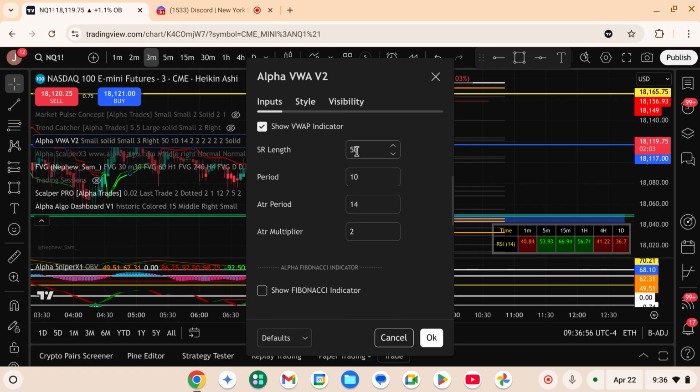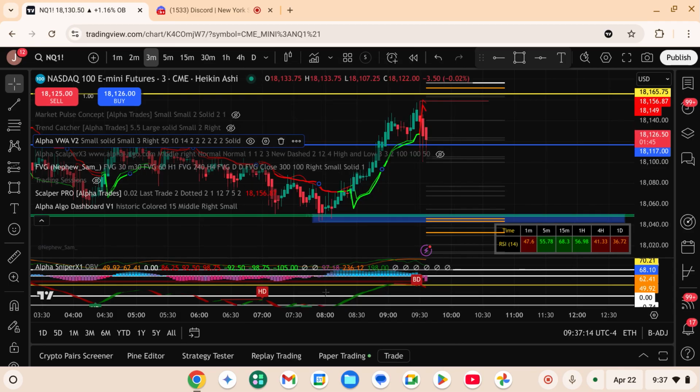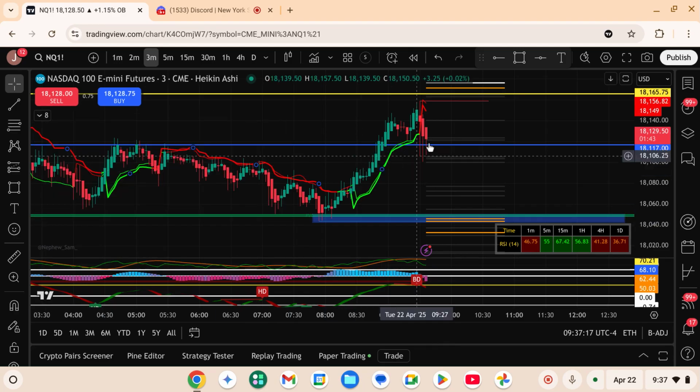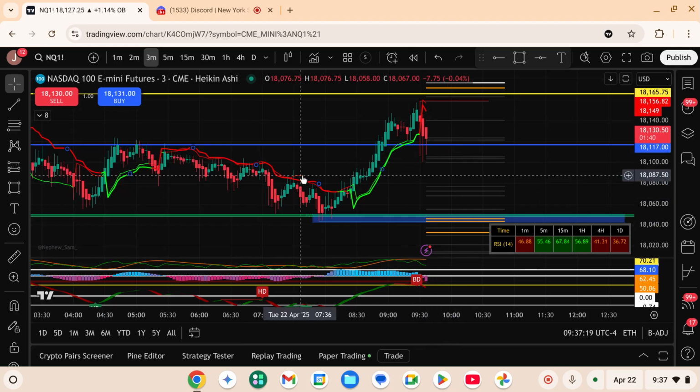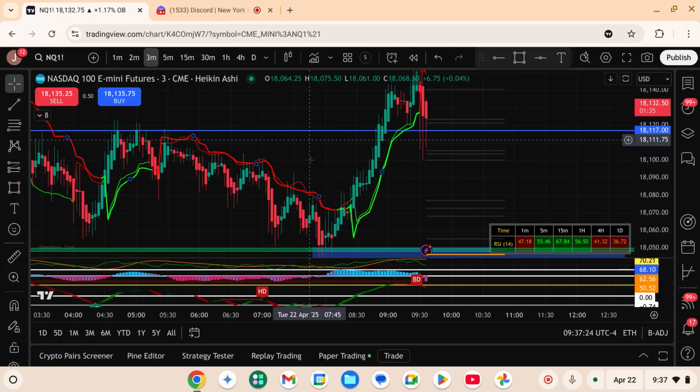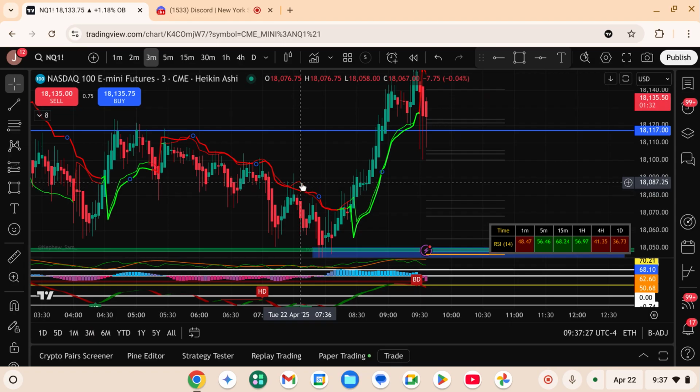The reason I do that is because these are for mid-term trend, and the other settings are for shorter term. When the short-term trend crosses over the mid-term trend, it's a strong indication that it wants to continue in that direction. The skinnier one right here is the shorter term, and the thicker one is the mid-term.